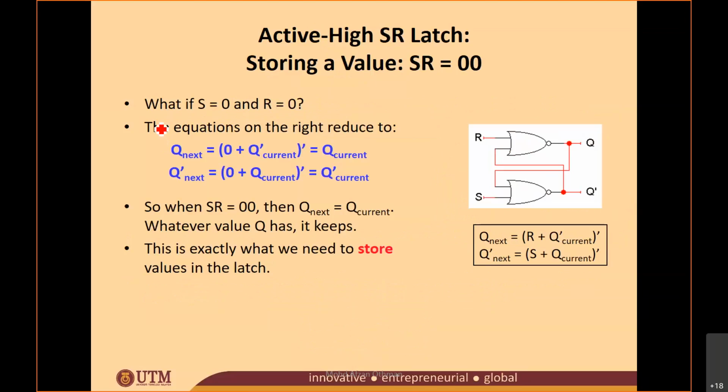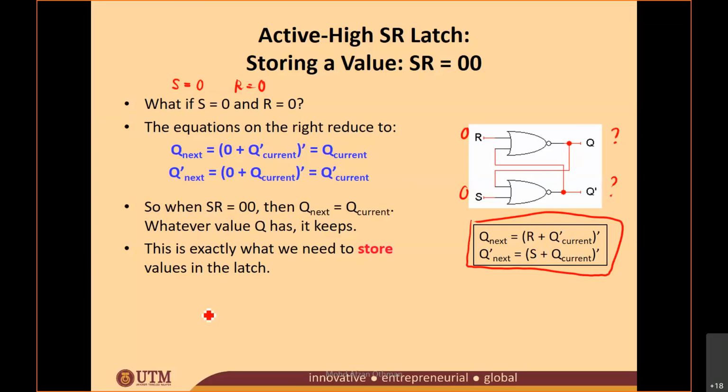So first, what if S and R equal to 0? Sekarang ni, let's say the first input is S kosong, R sama dengan kosong. So you put 0, 0. What is the output of your Q? Since this is the persamaan yang kita dapat tadi, Q next sama dengan R tambah Q bar current, then you have a bar.